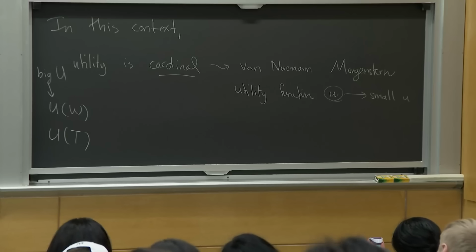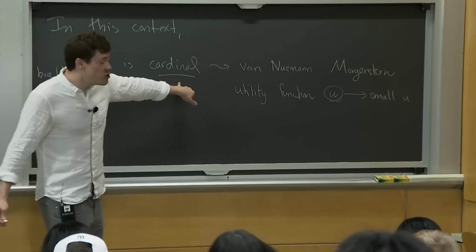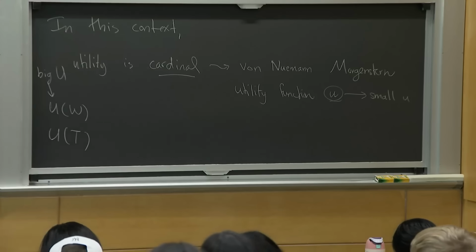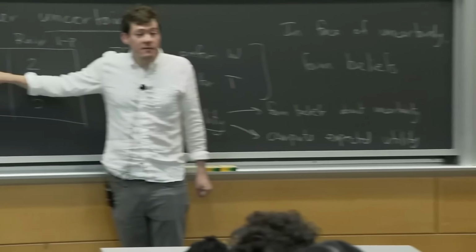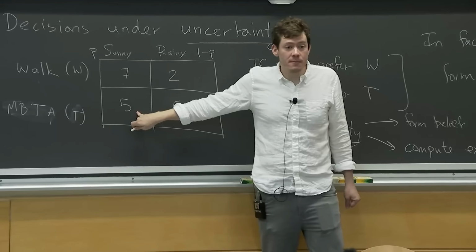But let's make sure we understand that these functions are defined for different objects. My cardinal utility tells me what is my utility from walking when it's sunny. What is my utility from walking when it's rainy? And it gives me these 4 numbers.